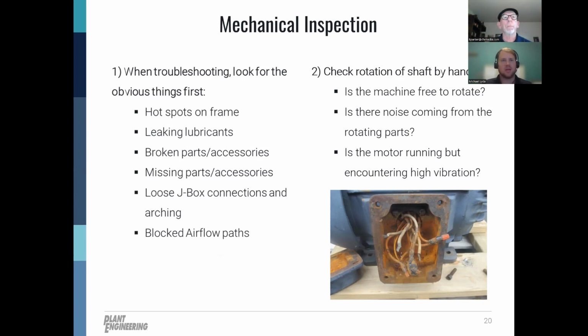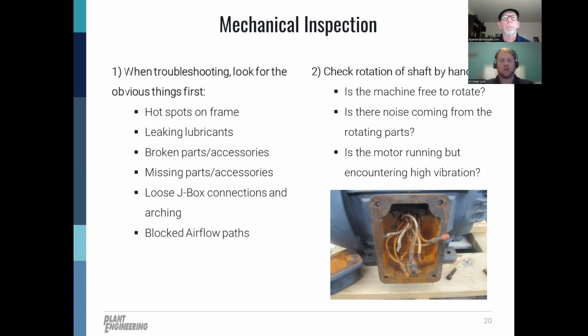You might hear that vibration coming through as mechanical noise. And then, also, look at the picture on the screen. Don't forget to look inside the motor terminal box. You see all the rust. This motor appears to have had some water inside of it, a lot of water damage. Look for arcing or water damage also inside the terminal boxes.